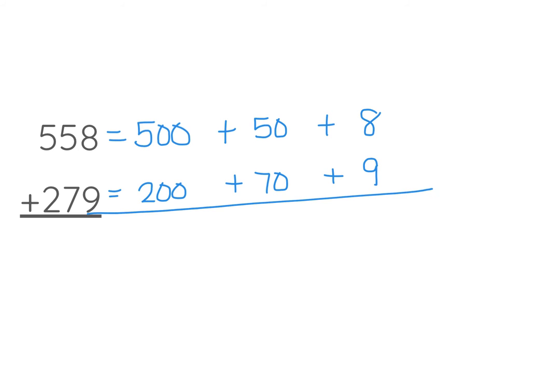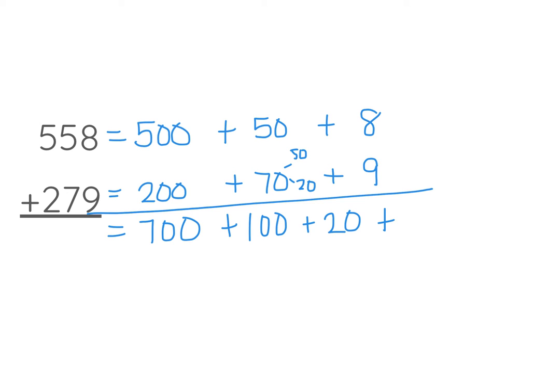Again, see how nice and neat. Line them up. 500 plus 200 equals 700. 50 plus 70, well, I know there's a 50 there, so I will write 100, and there's a 20 left. 8 plus 9, when I say 9 plus 8, I think 10 plus 7.